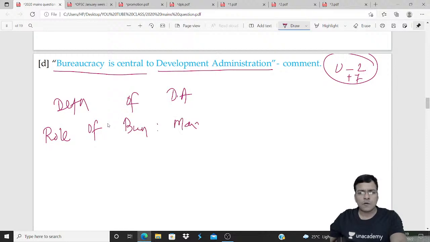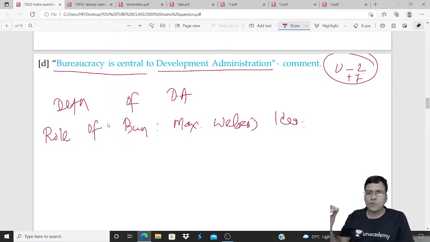What makes Weber's idea on bureaucracy? How does Weber say bureaucracy is central to development administration, but what problems happen? Risks.